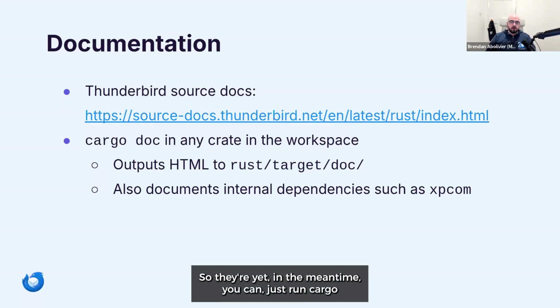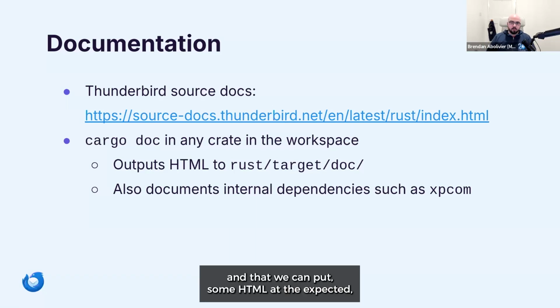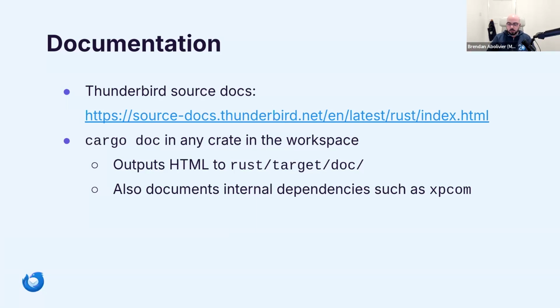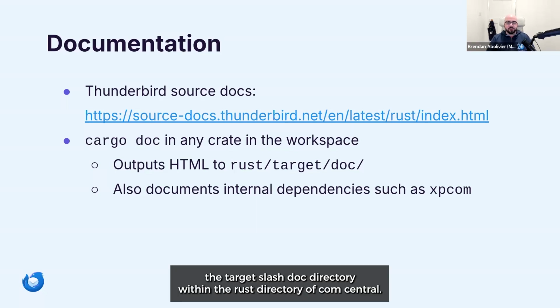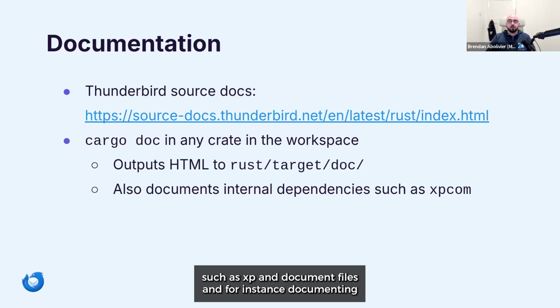In the meantime, you can just run cargo doc in any crate within the workspace as you usually would, and that would output some HTML at the expected location, which is the target/doc directory within the Rust directory of comm-central.